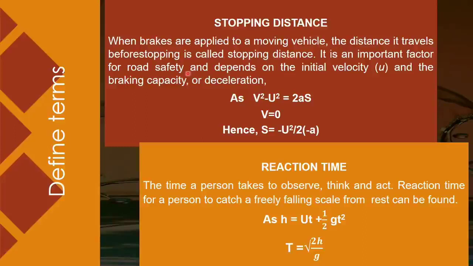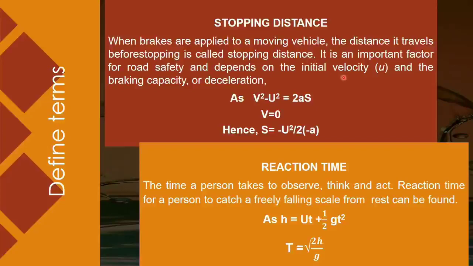So of course we can find the value by using the third equation. Final velocity is 0. Initial velocity will always be given to you in the question, and so you can find s equals u square upon 2a, because the negative sign will cancel. So you will be getting the stopping distance formula. You can use it directly also, or you can use the third equation of motion, which we have already discussed with you. But you should be able to understand what is meant by stopping distance.